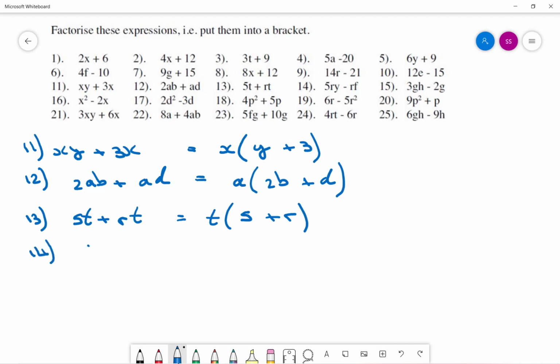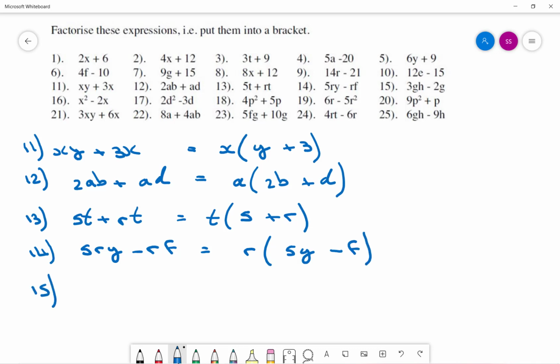For number 14, 5ry minus rf. Our common factor here is going to be r. So 5ry divided by r will leave 5y, and now minus rf divided by our r is going to leave minus f. So there's our answer to 14.